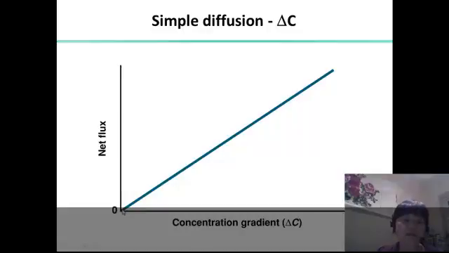You don't need to move around again. When the concentration gradient increases, there is a linear relationship between the rate of transport and the concentration gradient. The greater the concentration gradient, the quicker the movement. That is how to quantify simple diffusion.